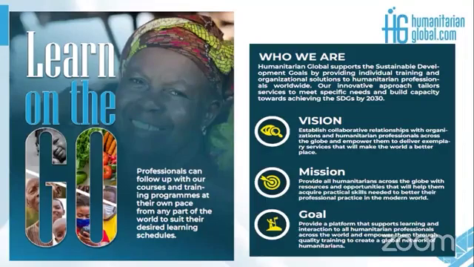And this is through assisting in achieving the Sustainable Development Goals by 2030. So here at Humanitarian Global, that is what we do through our vision, our mission, and our goals.